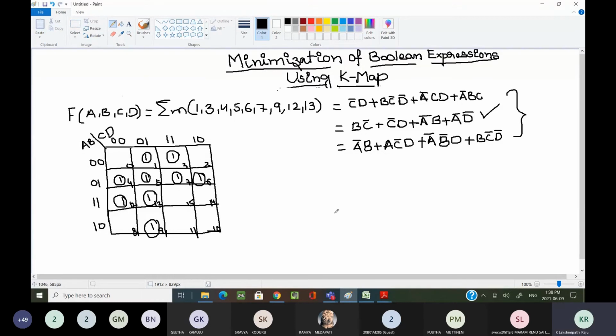Am I correct? I have filled the map with the min terms that are there in the given expression.